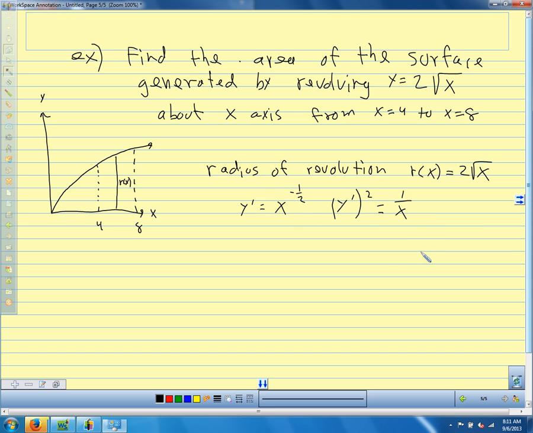All right, so now we're ready to substitute into our arc length integral, s equals 2 pi, the integral from 4 to 8, our radius of revolution, 2 square root x, times the square root of 1 plus 1 over x, dx.